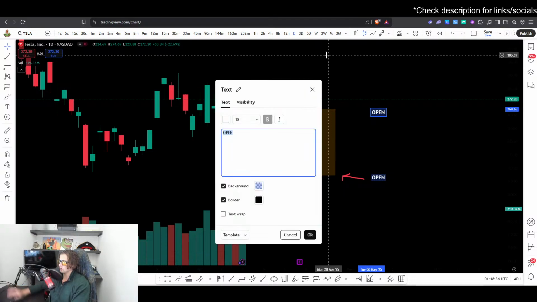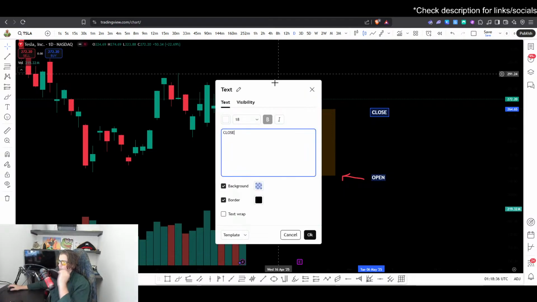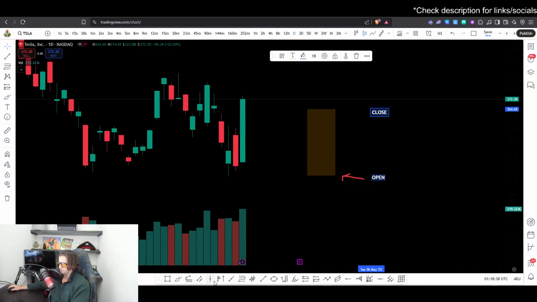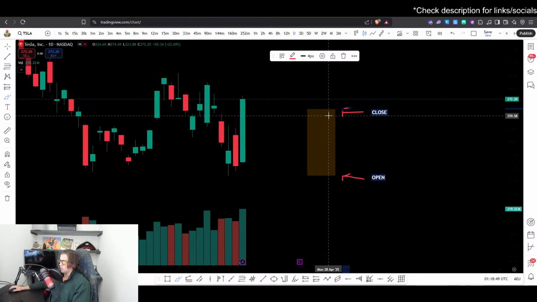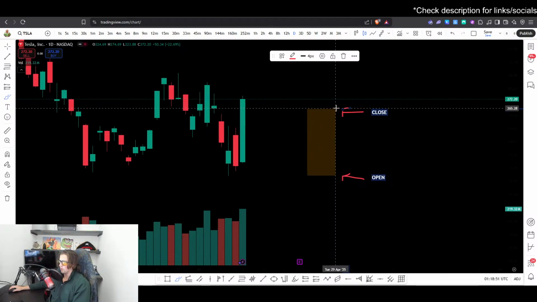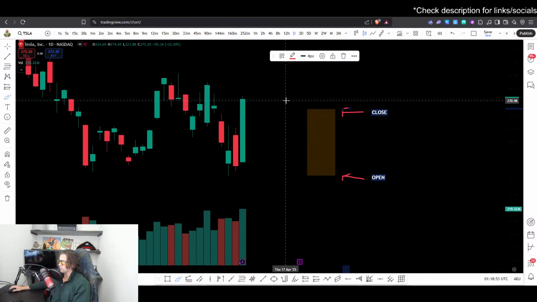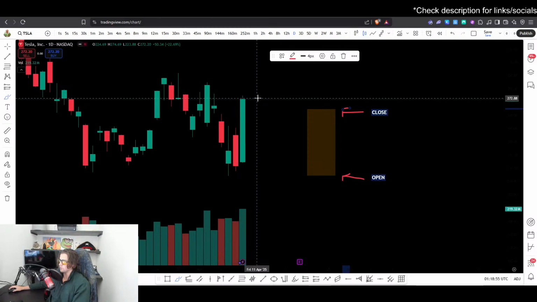We'll have the close. Okay, and this will make sense as I go a little bit farther. So that body is the open and close price of the day. All right. So as you can see over here, Tesla closed at 272.2 today.